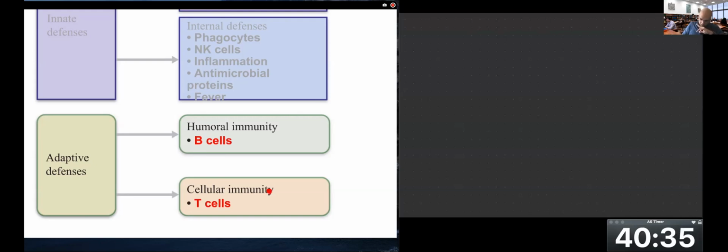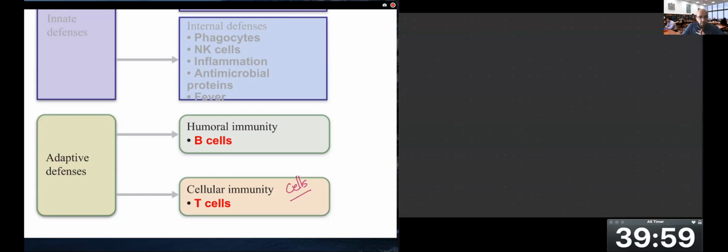All right, so T lymphocytes mediate a type of immunity that we call the cellular immunity. And the cellular immunity here is going to be mediated by, from its name, what do you think? Something that you won't be able to guess. It's going to be mediated by cells. Exactly.